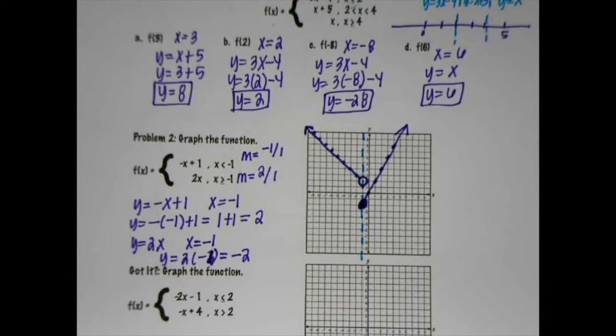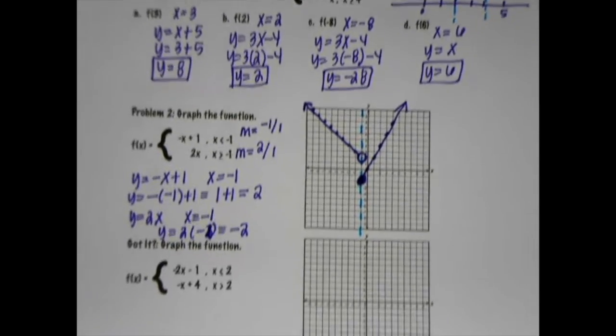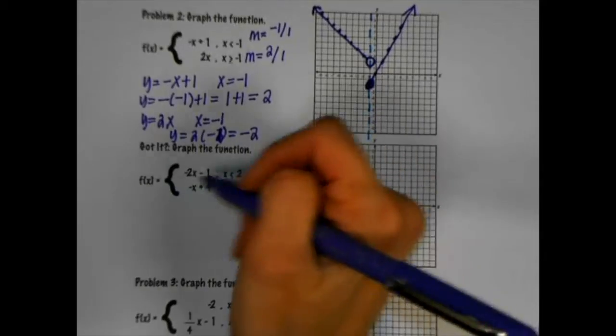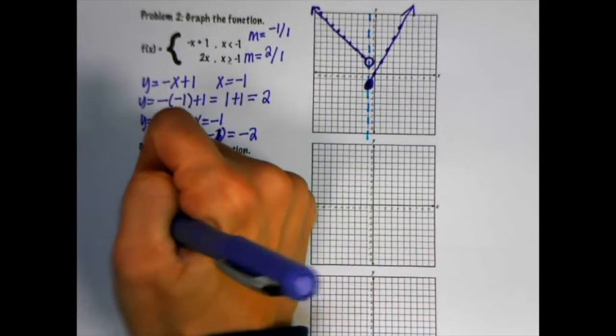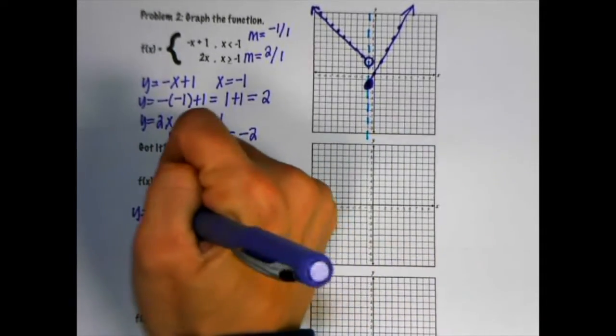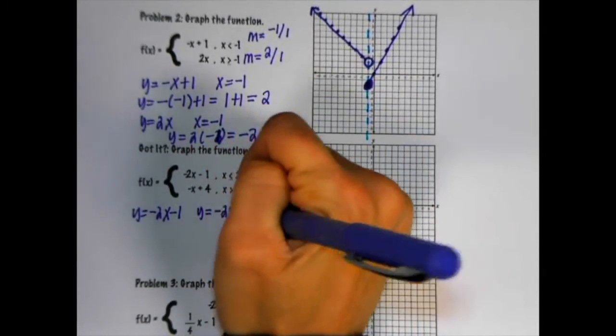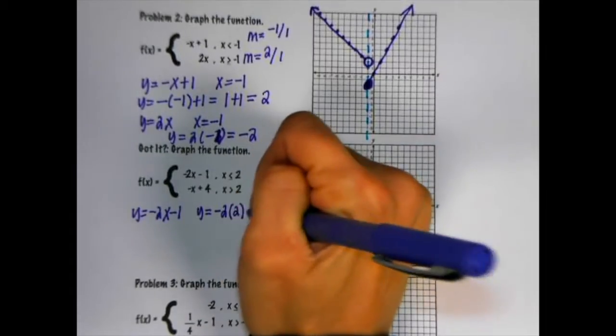Okay, do you guys want to try the next one or do you want to do it together? Do it together. Okay. So let's plug in 2 to both of these. So y equals -2x minus 1. Y equals -2 times 2 minus 1.